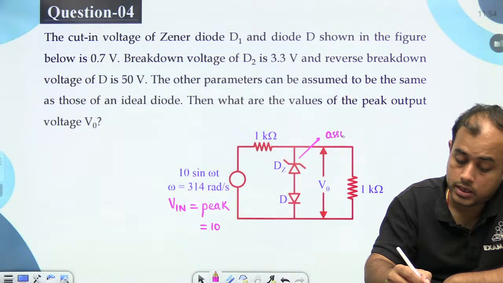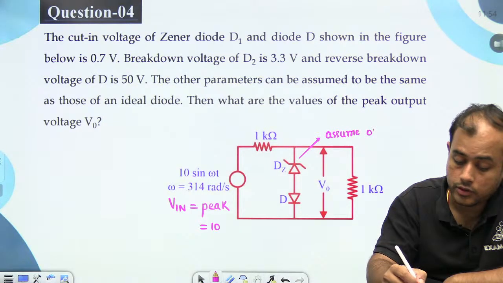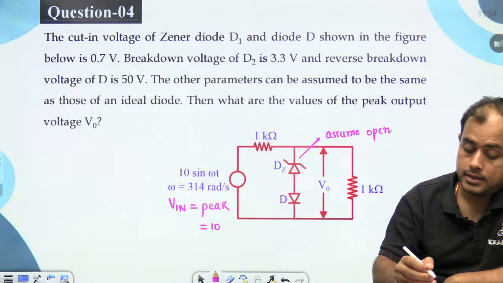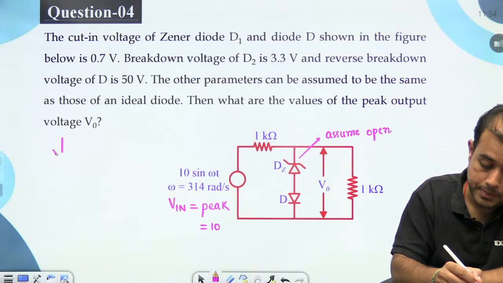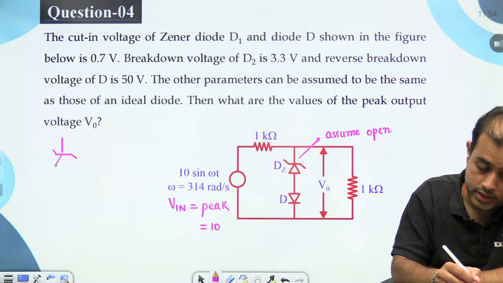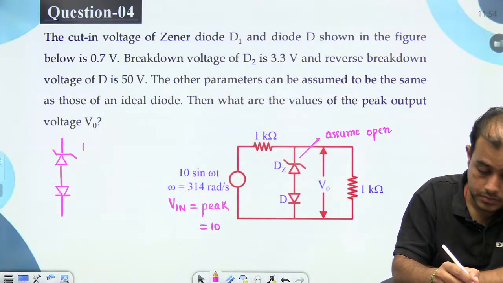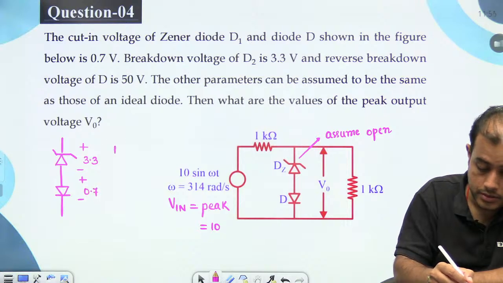So assume it to be open. As of now, assume it to be open. Okay. Now, this branch basically needs how much voltage? This is the breakdown. This is the forward. 4 volt.